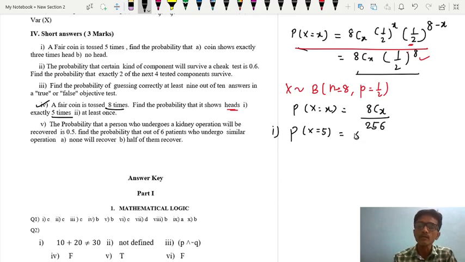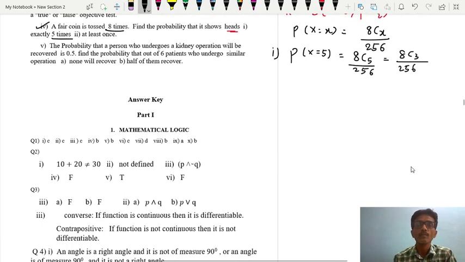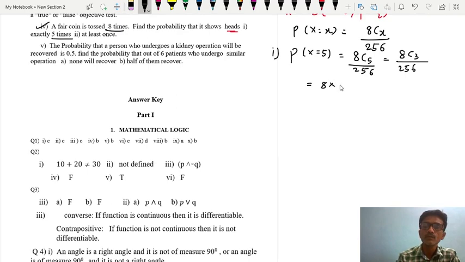So here 8C5 we will write over 256. 8C5 is 8C3 upon 256. So 8C3 is equal to what? 8, 7 and 6 divided by 3, 2, 1, and whole multiplied by 1 upon 256.